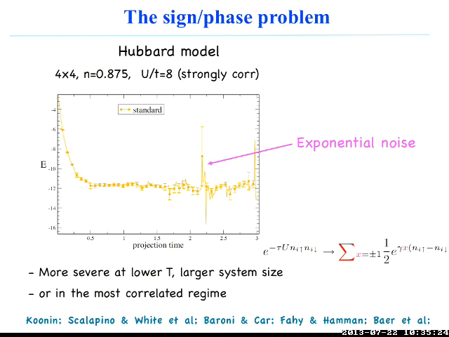If you have, instead of a density of 0.875, if you have 0.5, it would be much better. The error bar would be much smaller. So this is the sign problem, first appearance here in the talk, but it's been noted for a long time.